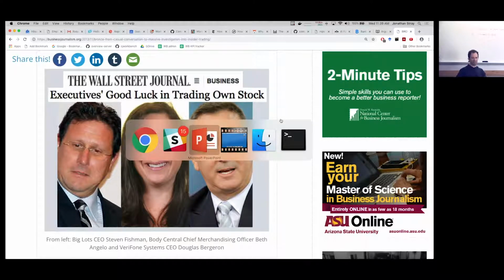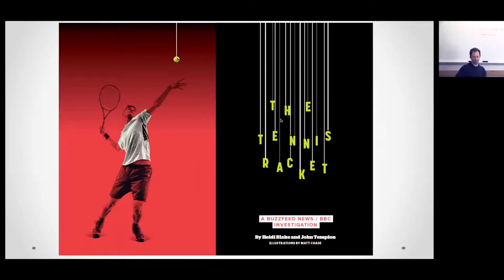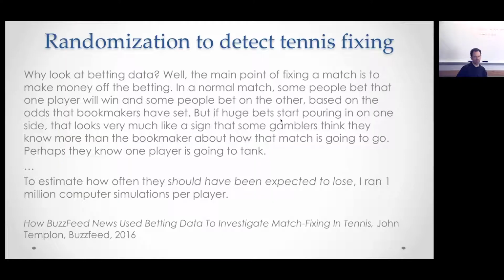Another nice example of this is the tennis story, which BuzzFeed did recently. This was part of a much larger investigation into match fixing in tennis. What they did is they took public betting odds, right?